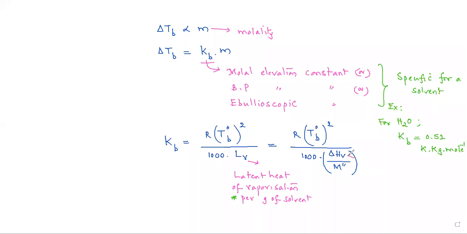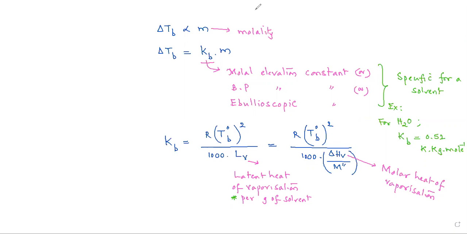Now this delta HV is the molar heat of vaporization or enthalpy of vaporization per mole. So that is KB.